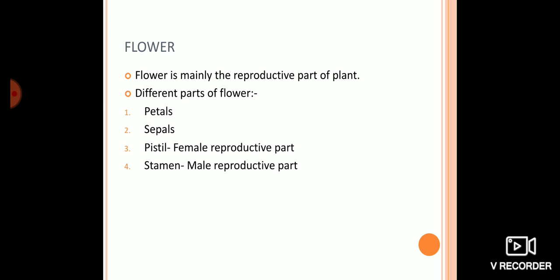Now we can see the different parts of a flower. A flower is made up of different parts such as petals, sepals, pistil and stamen. Pistil is the female reproductive part of the flower and stamen is the male reproductive part of the flower. So first we will see the petals.